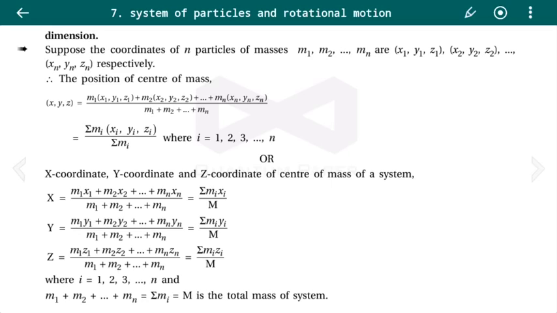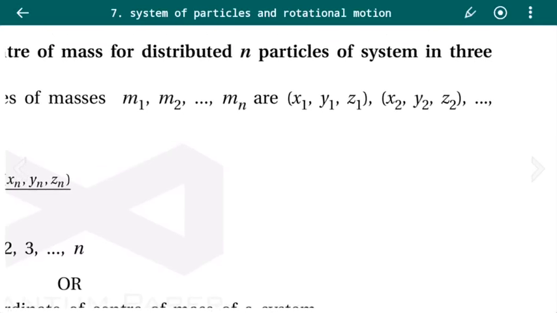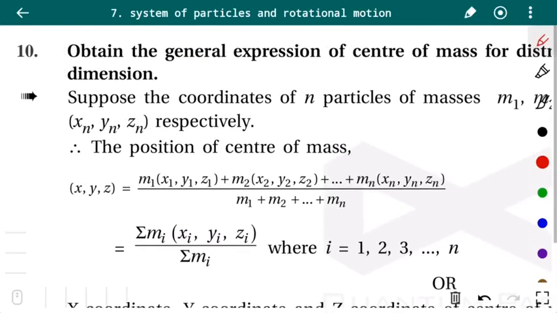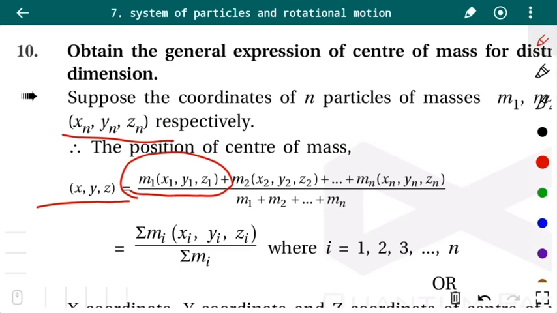That is, in the numerator we write the summation of the product of the mass and the position of the particles. So for the first particle, it is m1 into (x1, y1, z1) plus m2 (x2, y2, z2) up to mn (xn, yn, zn). And in the denominator, it is the total mass. So in general, it can be written as summation of mi (xi, yi, zi), where i is from 1 to n, upon summation of mi.